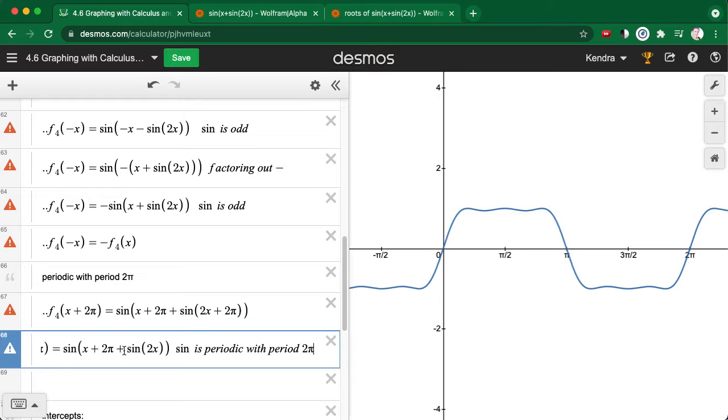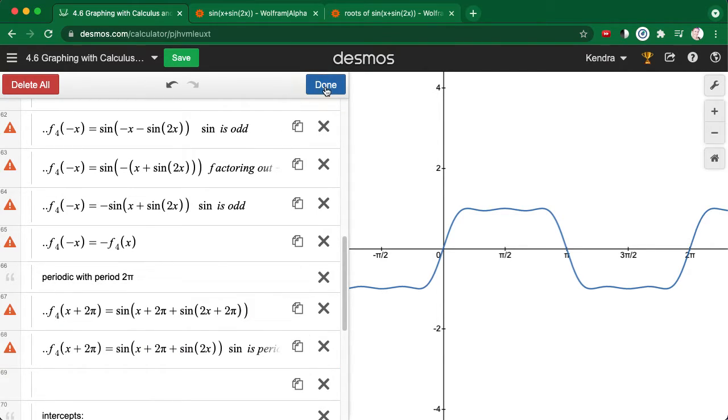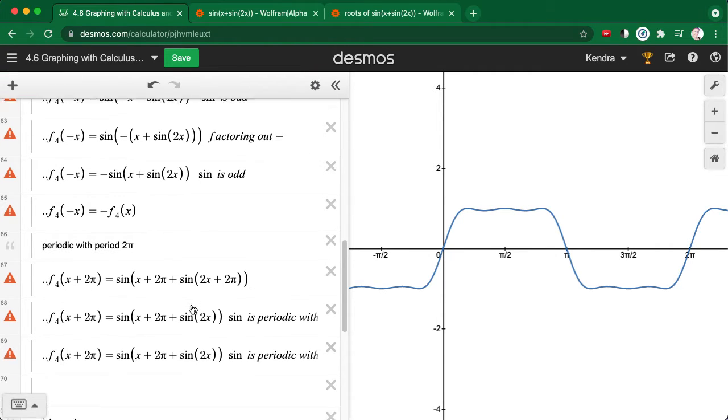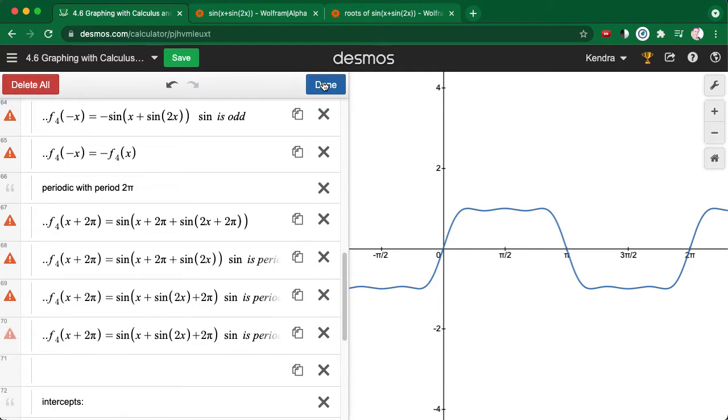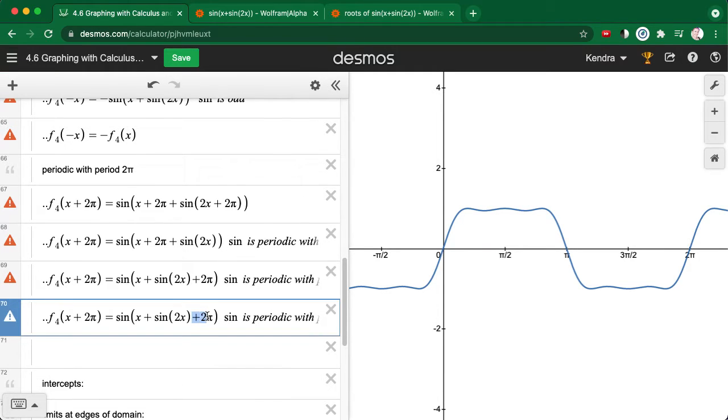Okay, and then again, I'm going to leave that there. I'm going to rewrite this, put that plus 2 pi here, and now I see a sine of something plus 2 pi, and that is going to be the same as just the sine of something, since sine is periodic.